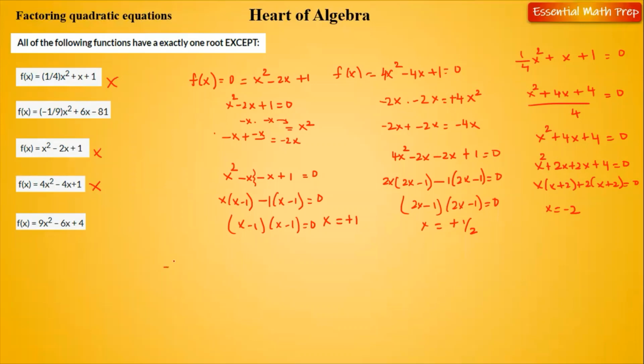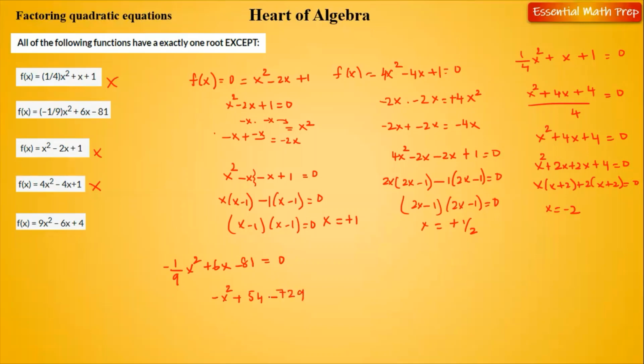So we get minus x squared plus 6x minus 81. This is equal to 0, right? So just like we did in the previous case, if we take a common factor of 9, then you get minus x squared plus 54x minus 81 times 9 is 729, right?